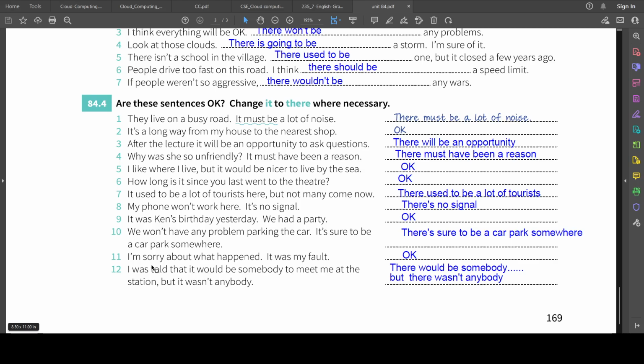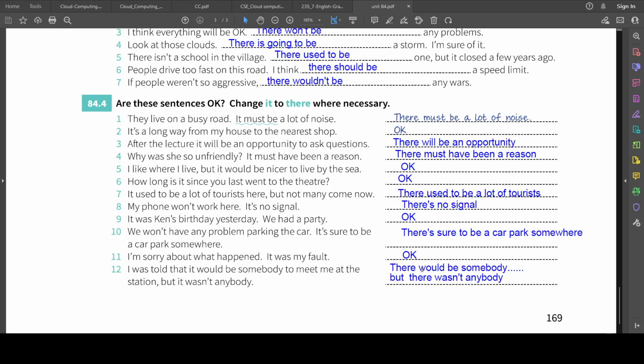I was told that there would be somebody to meet me at the station, but there wasn't anybody. So the correct answer is there would be somebody, right? There would be somebody to meet me at the station, but there wasn't anybody.